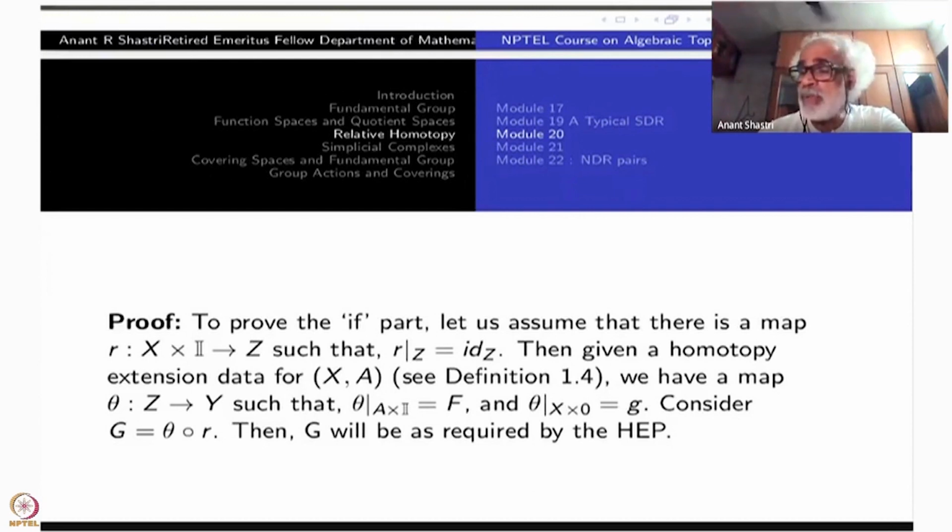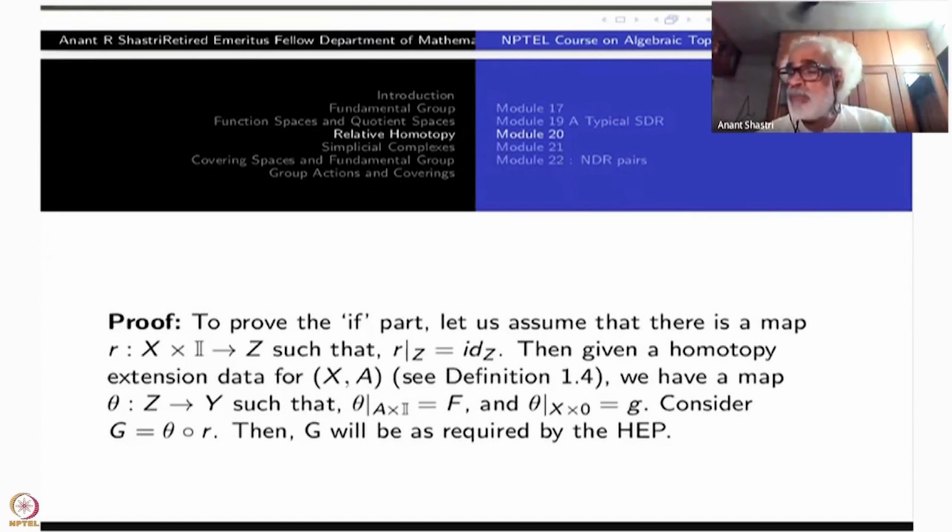Then there is a map from X cross I to Z, which is R. Take the composite. Let G be theta composite R. All that I want to say is G is the required homotopy extension.